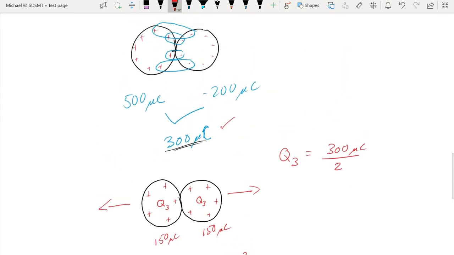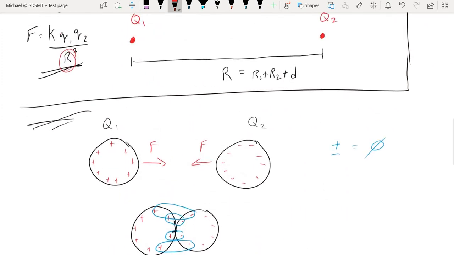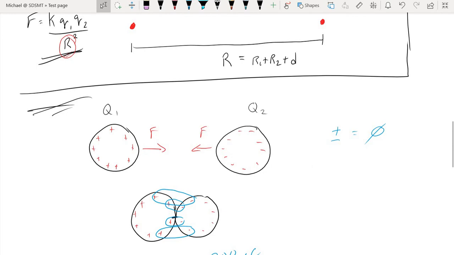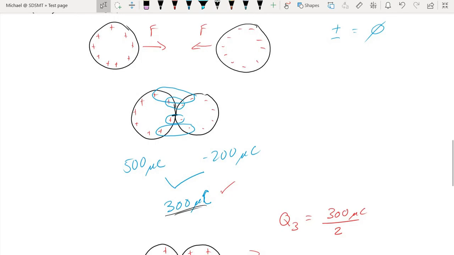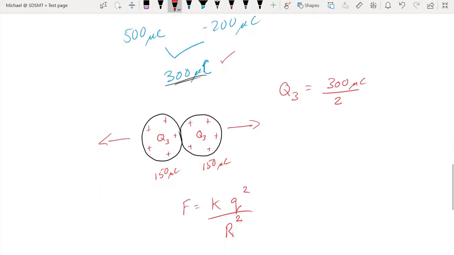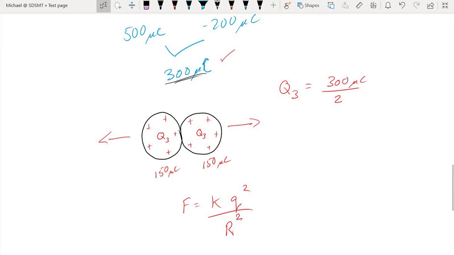But this is an interesting situation because we started with the two spheres being attracted, but then once they came together and they were physically able to bridge that gap and start mixing together their excess charges, we now end up with a repulsive system.